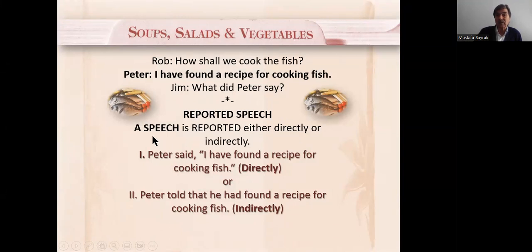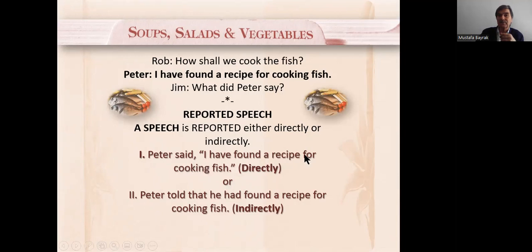Now, reported speech. A speech is reported either directly or indirectly. Number 1, directly. Peter said, "I have found a recipe for cooking fish." This has been reported directly by someone else. Maybe you, maybe I, maybe Murat, maybe George.